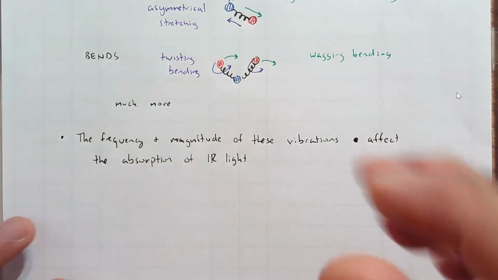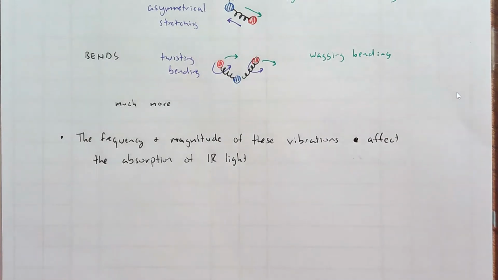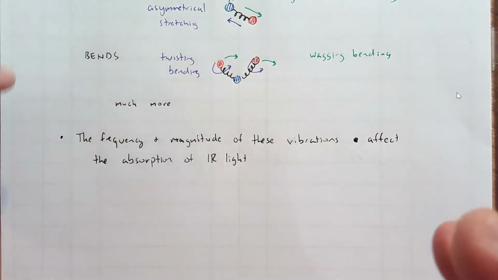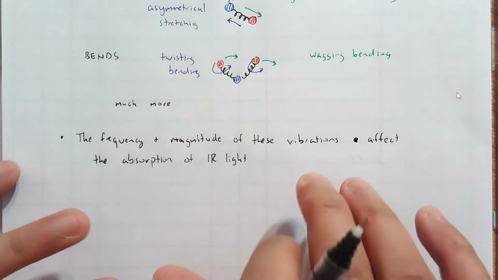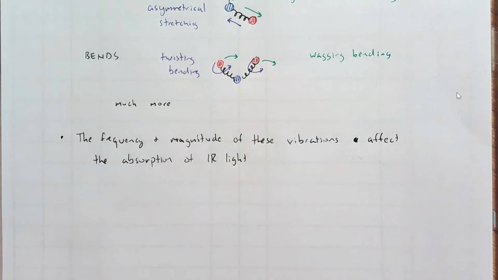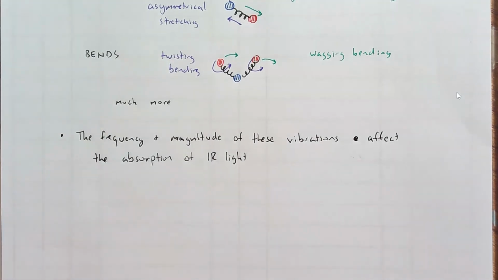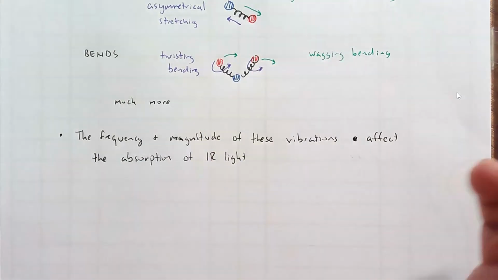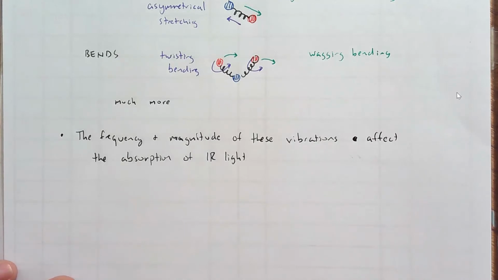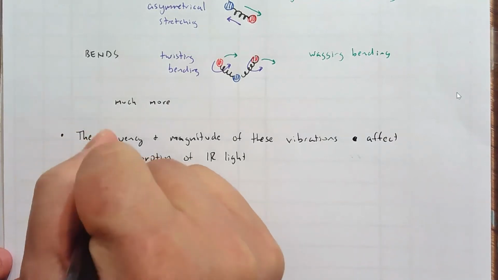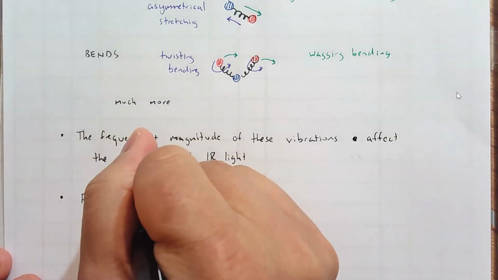And what's interesting here is that it doesn't really absorb any other type of light, not UV, not visible. So these types of vibrations really are concerned with the absorption of just IR light. It just happens to be in the right frequency, the right wavelength range. Now, I won't go into the exact correlation of how these movements absorb the light. I'd much rather focus on the interpretation of an IR spectrum. So the next thing we're going to do is look at the features of an IR spectrum.